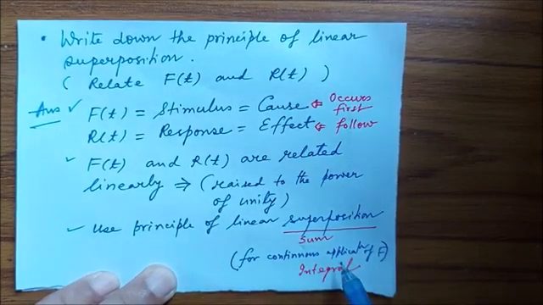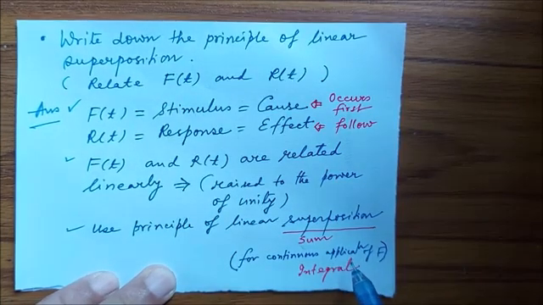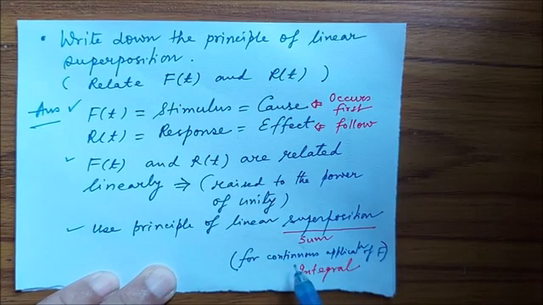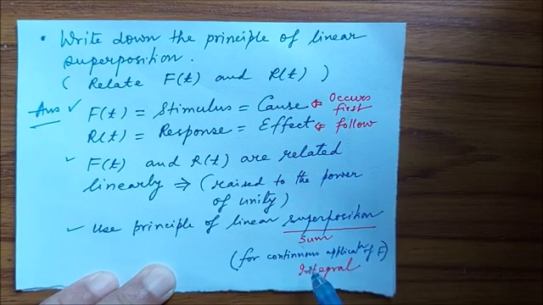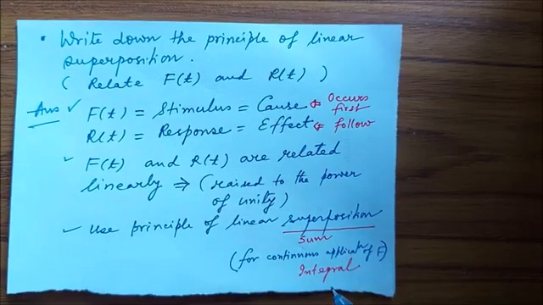So for continuous disturbance of the system, if we poke the system continuously, the system would also react in a continuous fashion. Its response will also be continuous, and therefore sum will not suffice. We have to replace sum by integral.